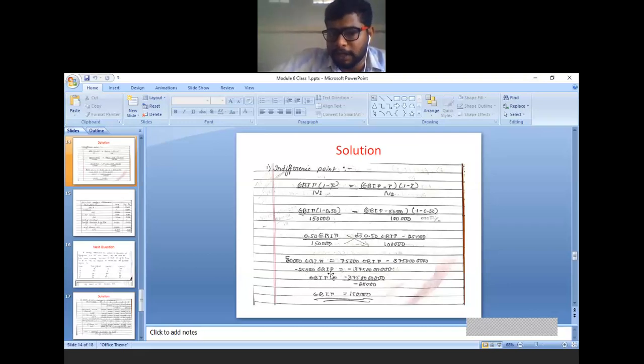Minus 25,000 EBIT, because plus 50,000 minus 75,000 EBIT means minus 25,000 EBIT is equal to, this portion remains here, minus 375 crore. Then finally, minus and minus get cancelled. So EBIT is equal to 375 crore divided by 25,000. So the answer is EBIT is equal to 1,50,000.